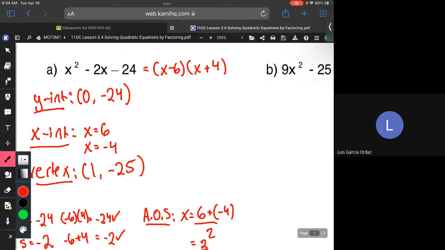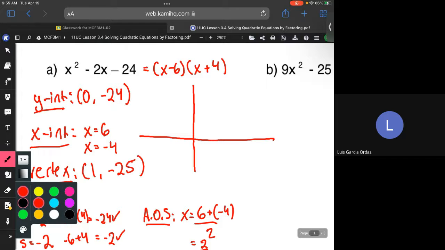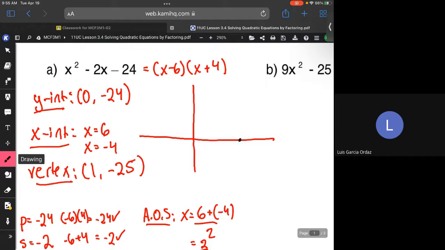So now this is going to be pretty easy to just graph. Start with my x-intercepts. So I got 6. Graph my y-intercept and my vertex.